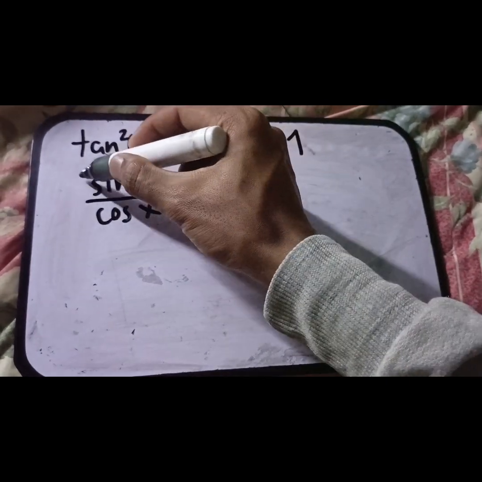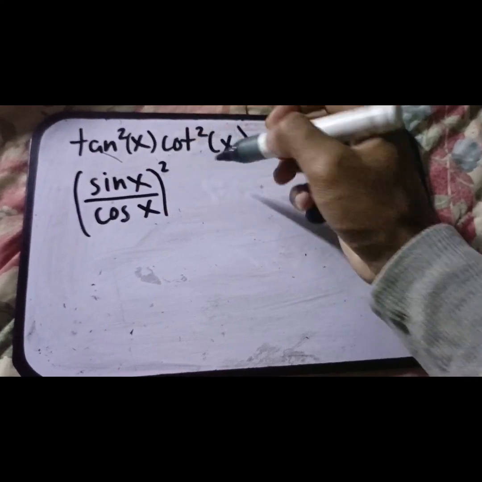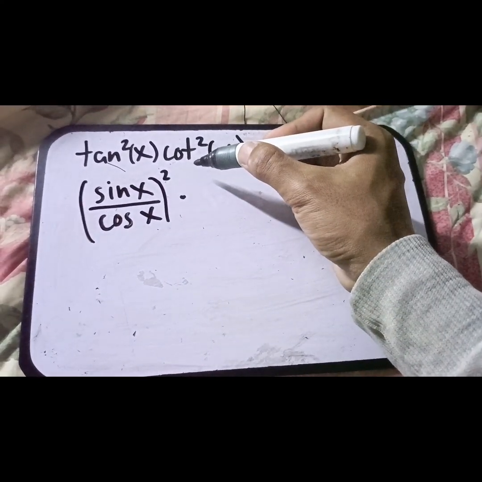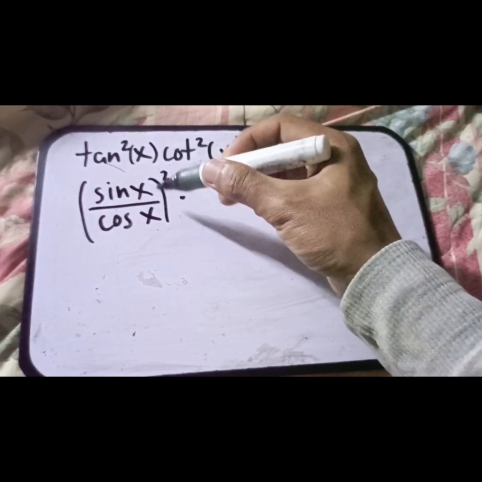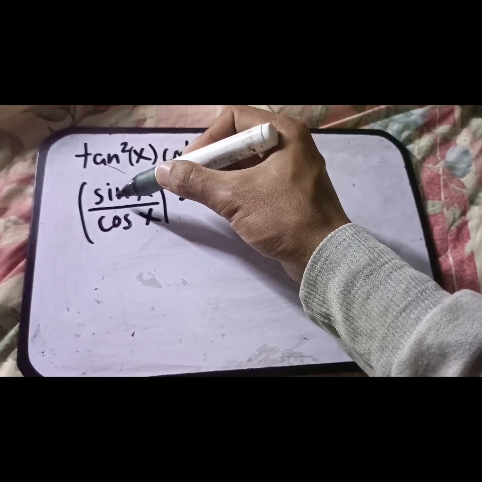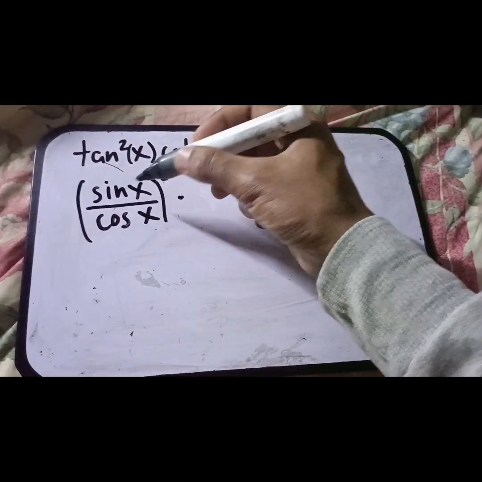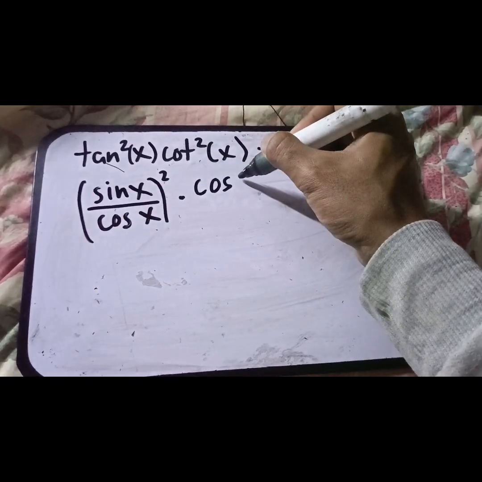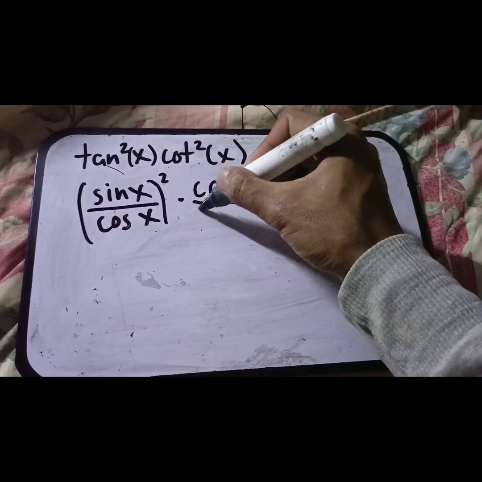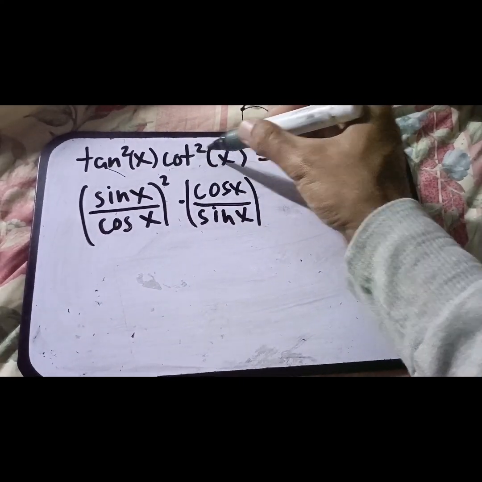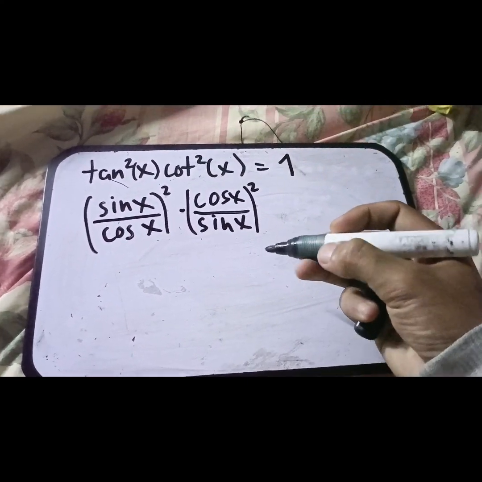Let's put the squared first. Proceeding to cotangent, cotangent is just the reciprocal of the tangent, so you're just going to copy it but reversed: cosine over sine. And don't forget to put the exponent squared.